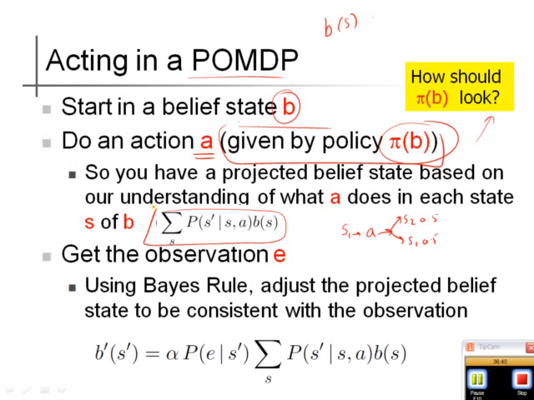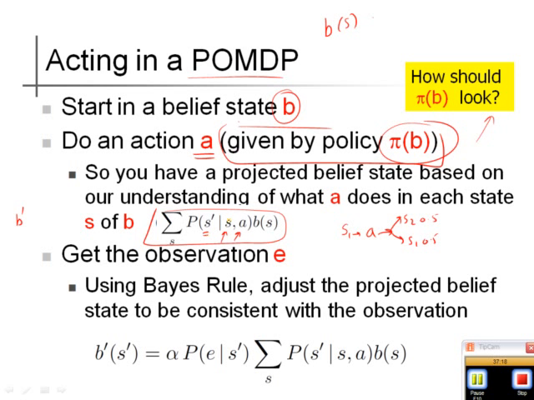For the new belief state B dash, I need to compute the probability that I am going to be in a particular state S dash after doing this action A. Remember that if I was in a particular state S and did action A, then the probability that I would be in S dash is given by the action's own description.